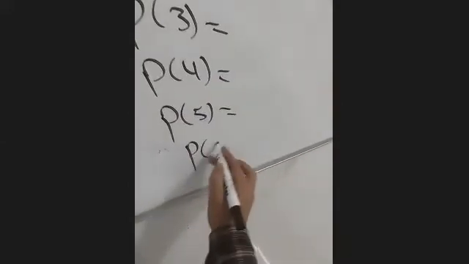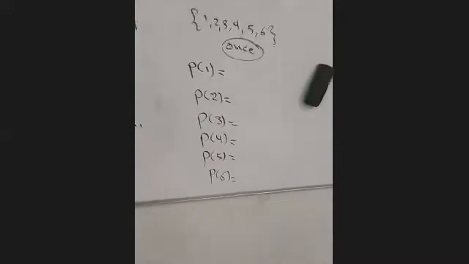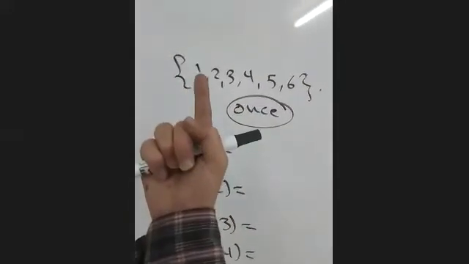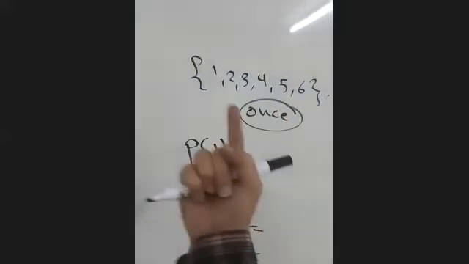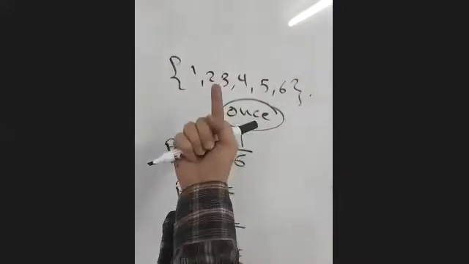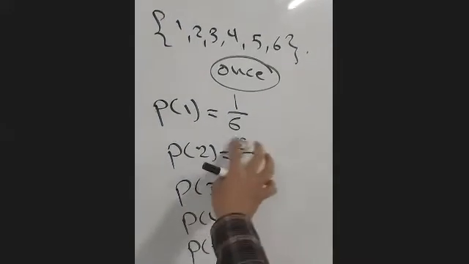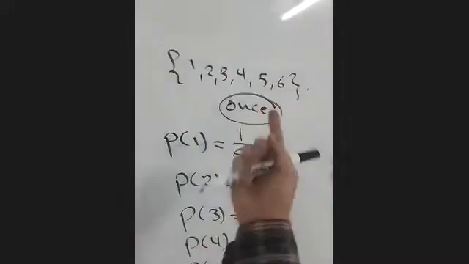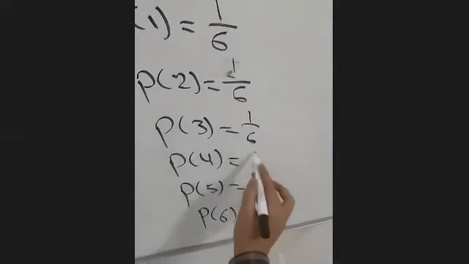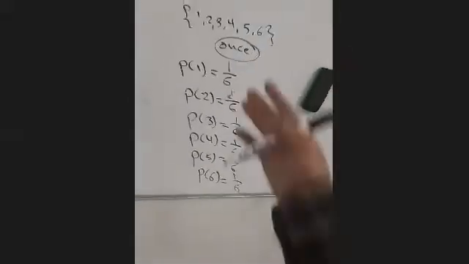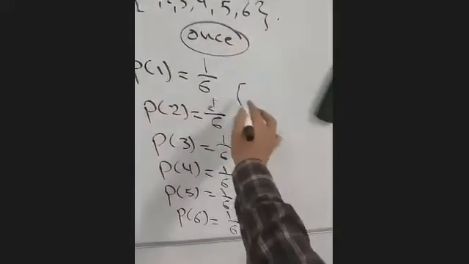To have 6? The probability to have 1, we have only 1, right? How many ones we have? 1 over 6. To have 2, we have only 1, so 1 over 6. To have a 3, how many 3s we have? 1 over 6, 1 over 6, 1 over 6, 1 over 6. This is what we call evenly.